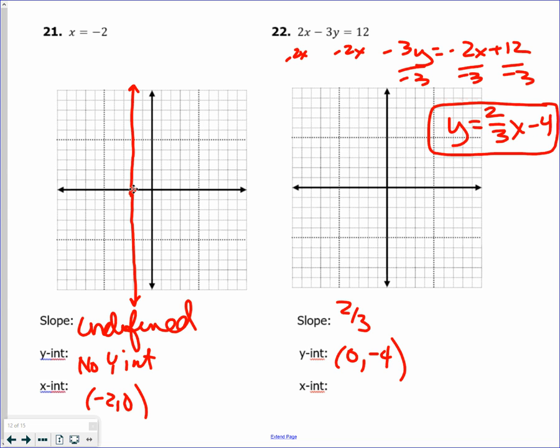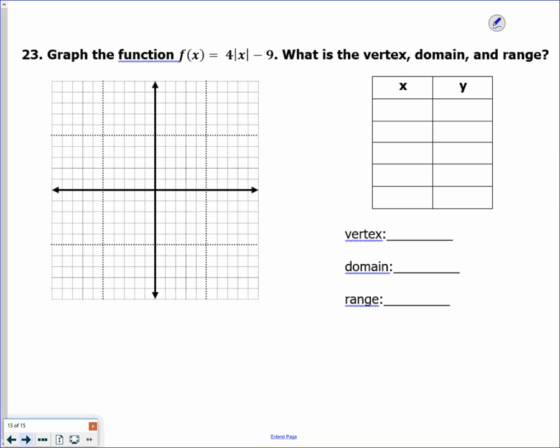So going over here to my graph, 1, 2, 3, -4 on the y-axis with a slope of +2 over +3, so that means up 2, to the right 3. Draw my line. And then the x-intercept is the point 6, 0 again. So again, put things in y equals mx plus b form, state the slope, state the y-intercept, make sure both those intercepts are also written as points.